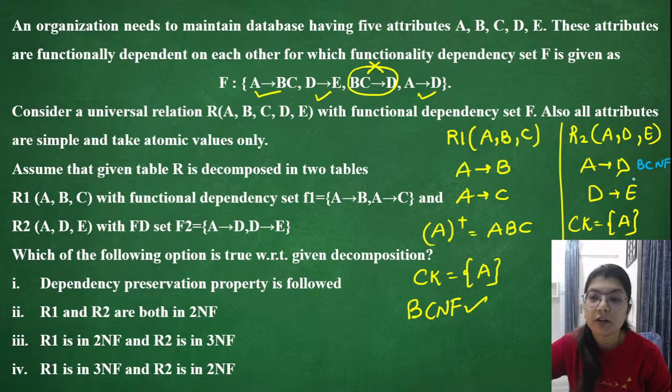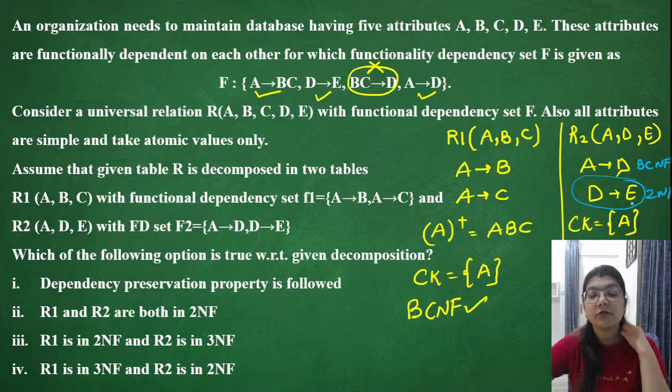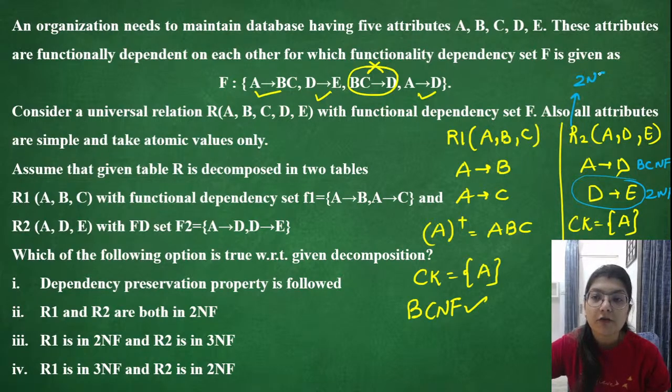But if you check, this one is in 2NF. Why? This one is not in 3NF. Why is it not in 3NF? Because 3NF says that either D should be a prime attribute, or D should be a super key, or E should be a prime attribute. Neither of the cases is happening. That is why this is not in 3NF. So R2 is in 2NF. So the correct answer is option number 4.